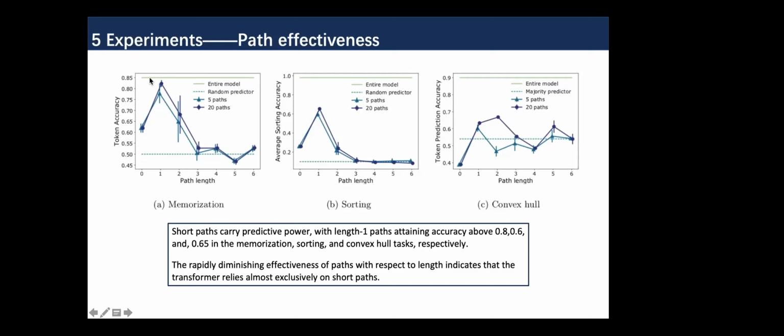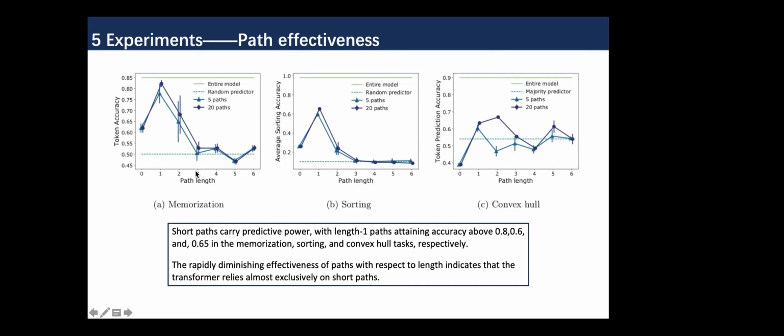And the entire model is higher than 60%, almost 85% accuracy. And we can see that a 20-pass model is better than a 5-pass model. And this kind of same result also applies to these 2 tasks.